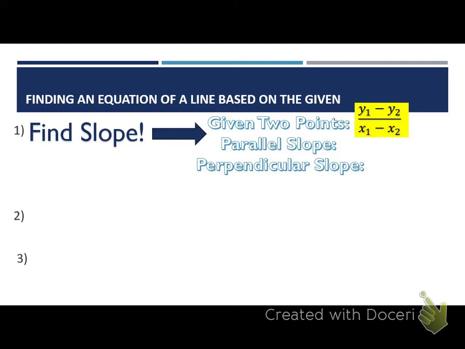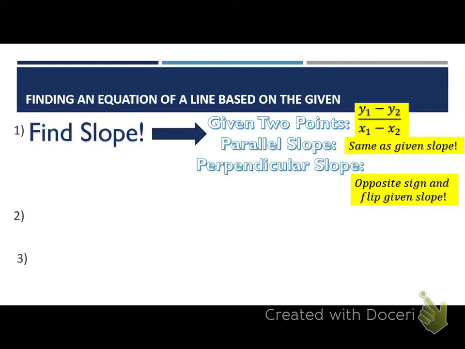So if you're given 2 points, use the slope formula. If you are told that your lines are parallel, what do you know about the slopes of parallel lines? They're the same, right? So that would be the same as the slope that was given to you. Or you could be told that your new line is perpendicular to another line. So what would you know about their slopes?